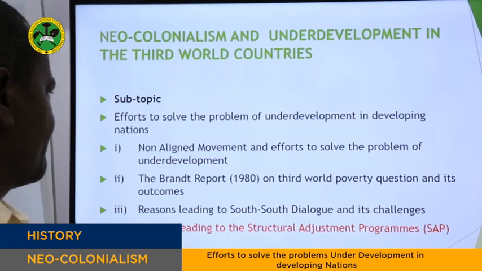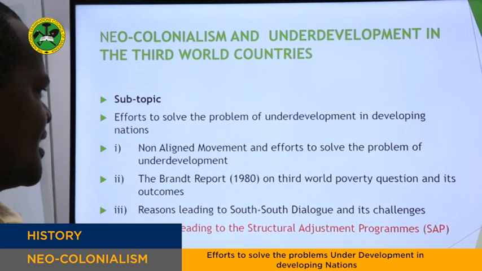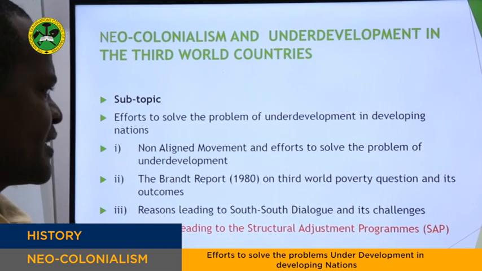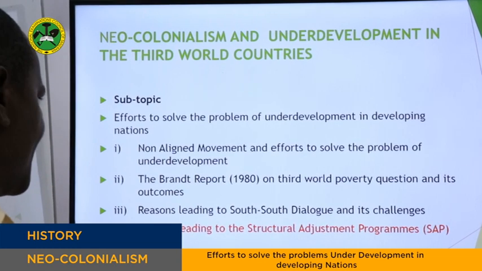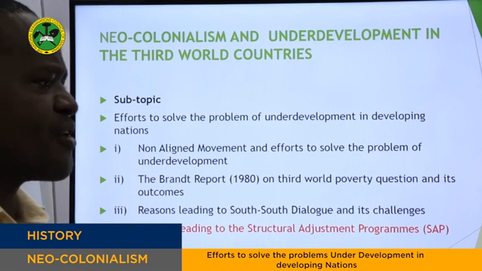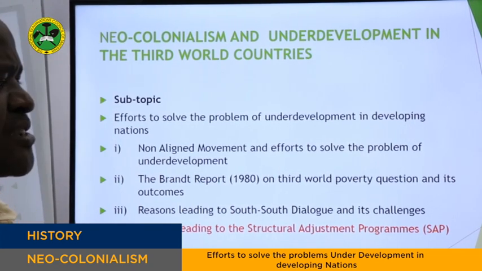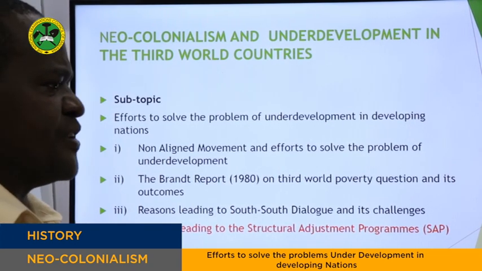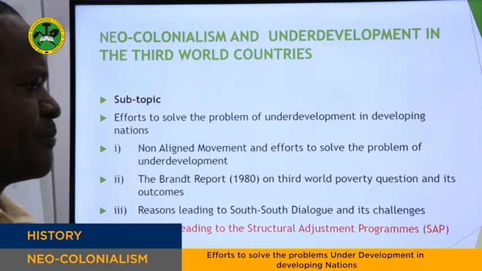And the second part is the Brandt Report of 1980 on the third world poverty question and its outcome. And the third is the reasons leading to South-South dialogue, which of course was the result of the formation of the South-South Commission of 1986.